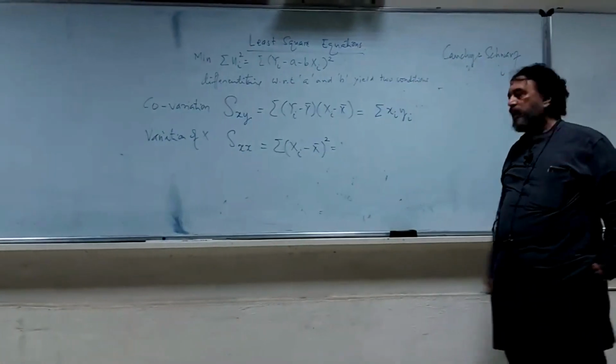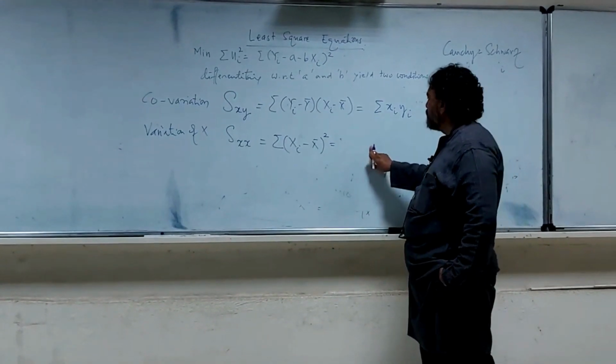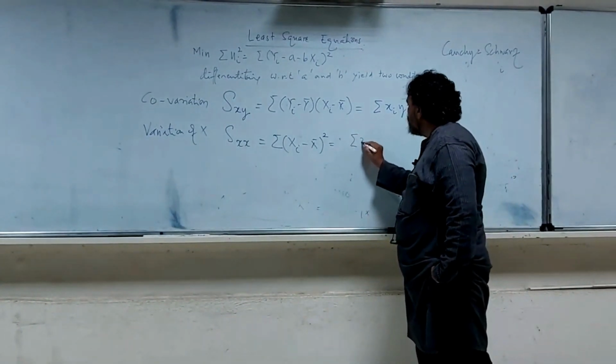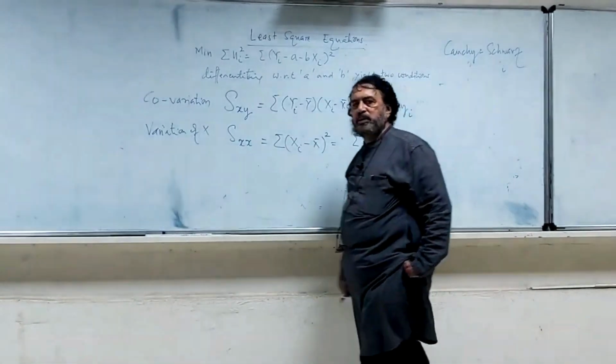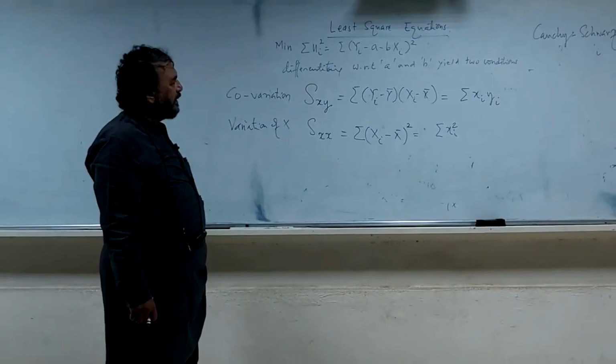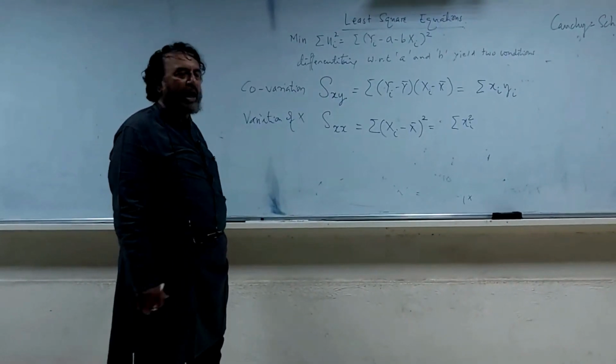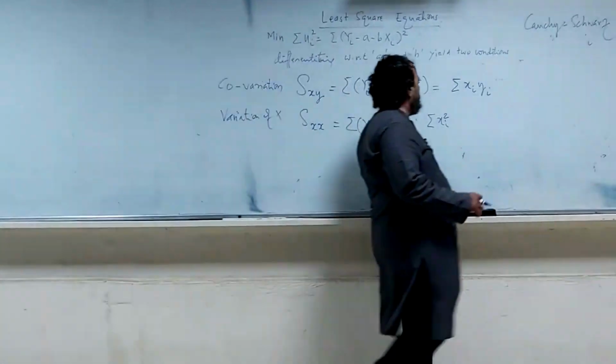Similarly, this expression, instead of writing it as summation xi square minus n times x bar square, I can also write as summation small xi square, that is, squares of the deviations added up. So we are going to change these notations and interchangeably keep on using them because they can become a little more handy and we have less messy algebra.